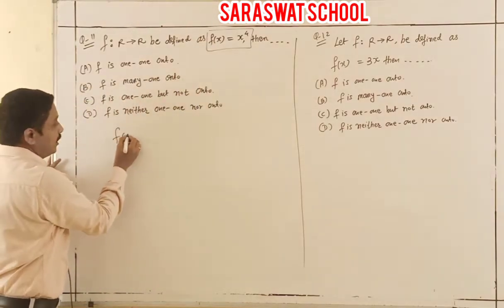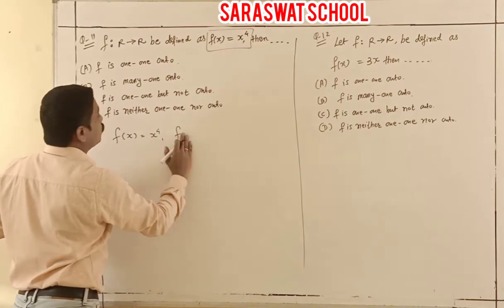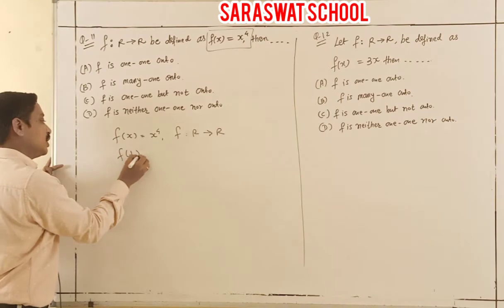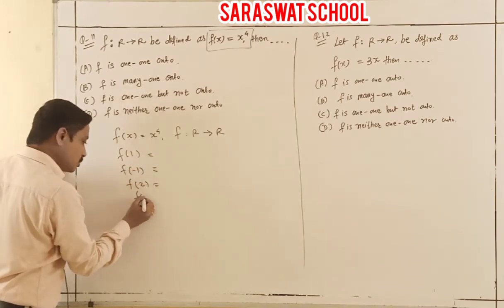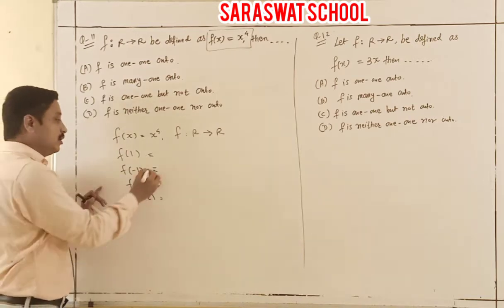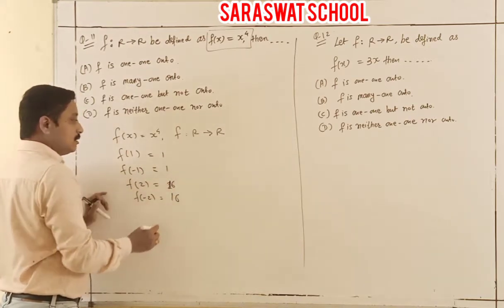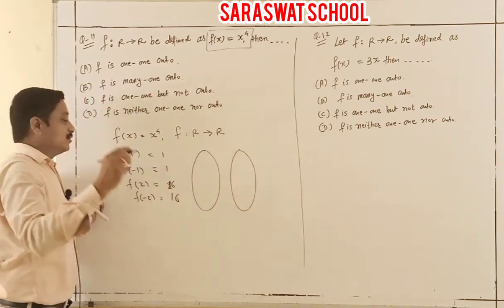So what is the domain? Yes, domain is given R to R. You just take some numbers, either 1, minus 1, either 2, minus 2. So what do you get here? Here 1, here 16. It is repeated. It means it is not 1-1. If you put in 1, the answer is 1.